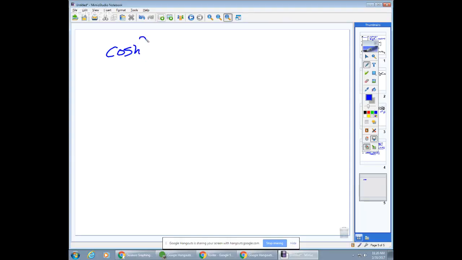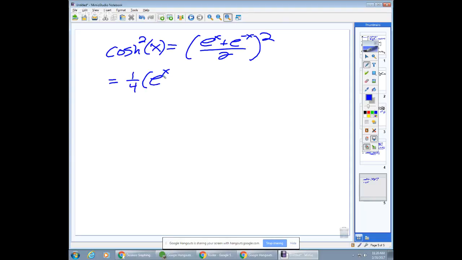So cosh squared, well, that would just be e to the x plus e to the negative x over 2, squared, which means I have to multiply that thing by itself. So I'm going to pull out a 1/4 here, and then I have to take e to the x plus e to the negative x times e to the x plus e to the negative x.